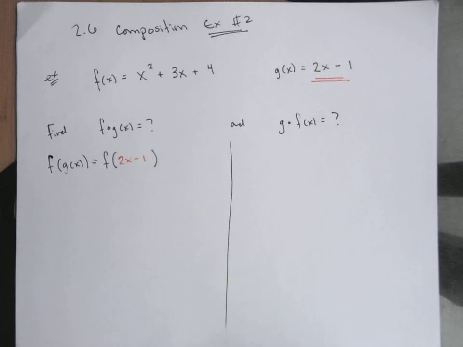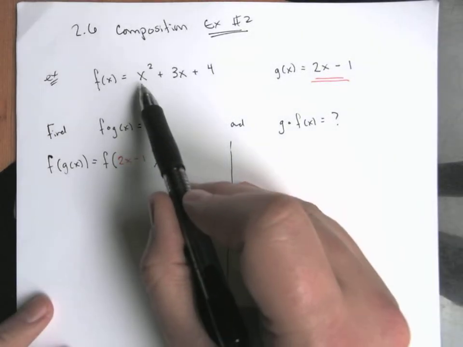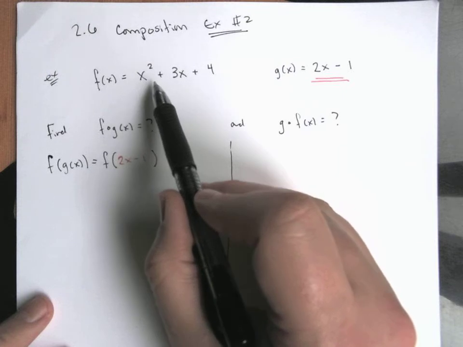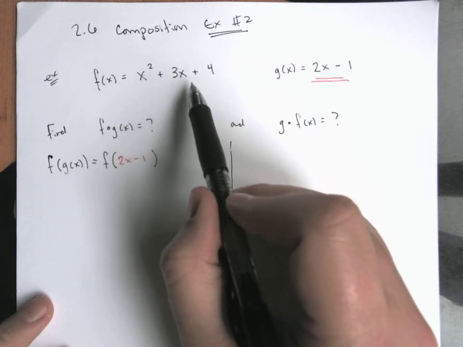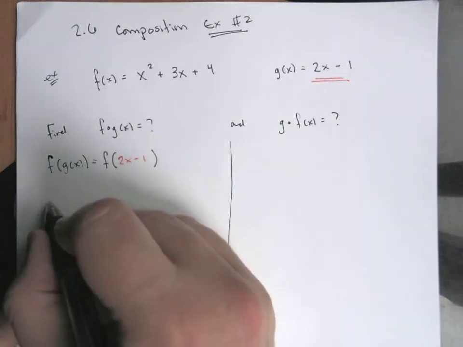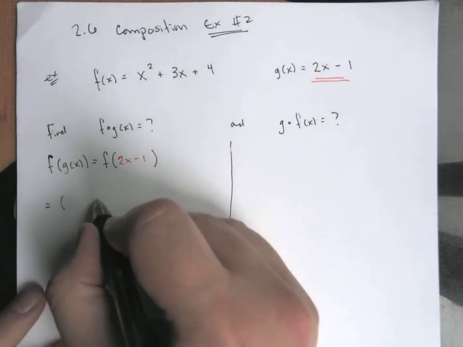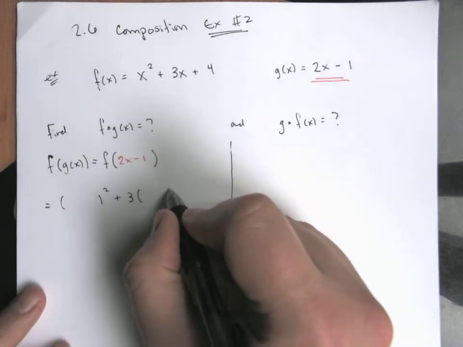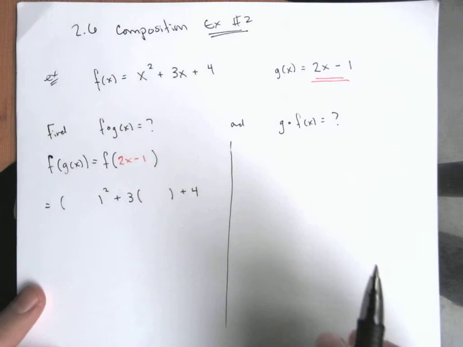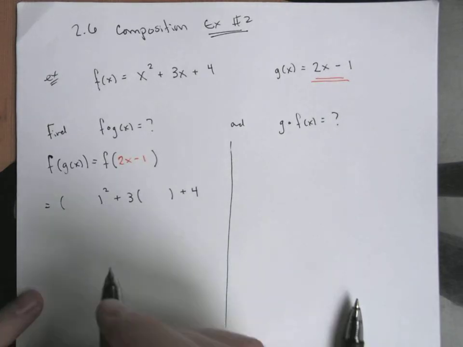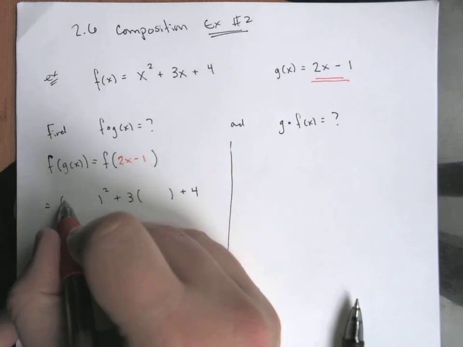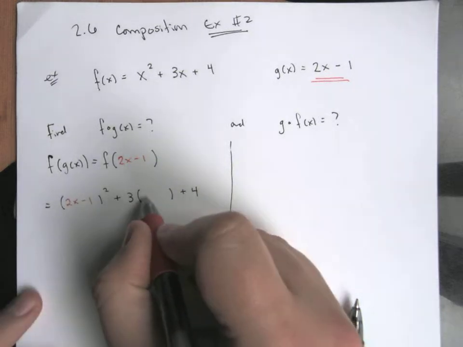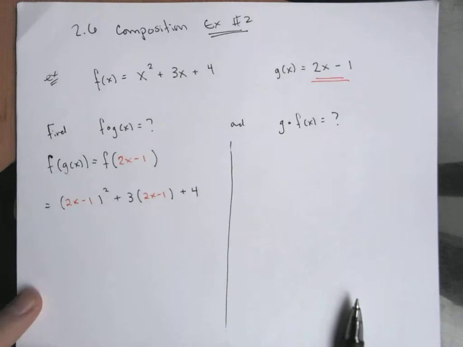So what does f of x do as a function? f of x squares the x, plus 3 times the x, and then adds 4. So our form here is going to be quantity squared plus 3 times our quantity plus 4 on the end. So what's going in? Well, g of x is 2x minus 1, so 2x minus 1 goes into our parentheses.